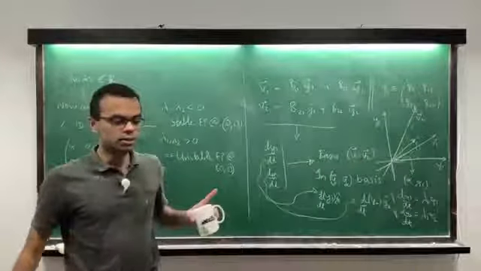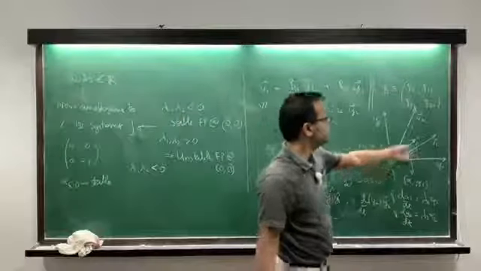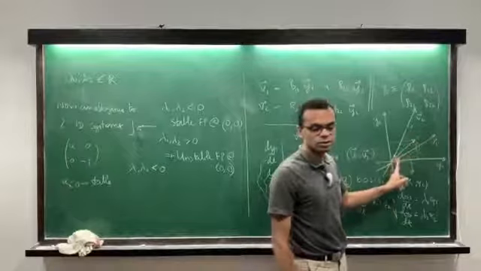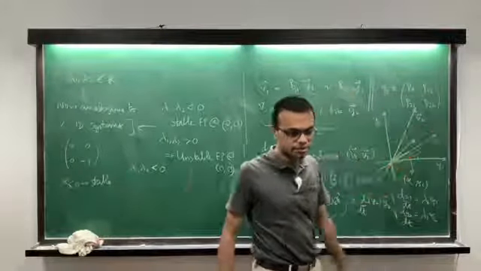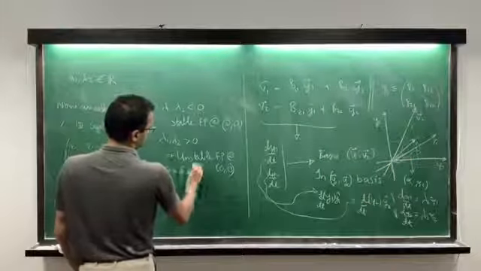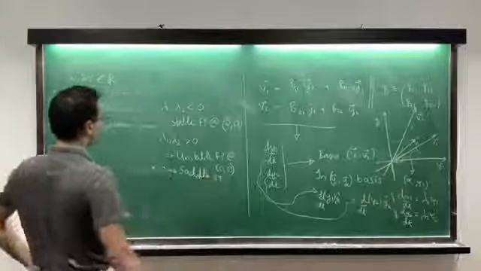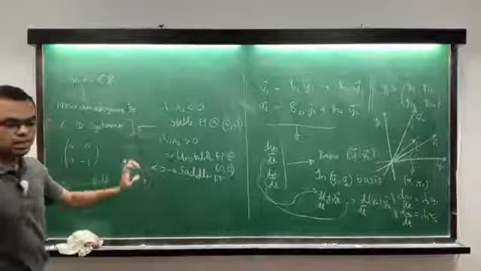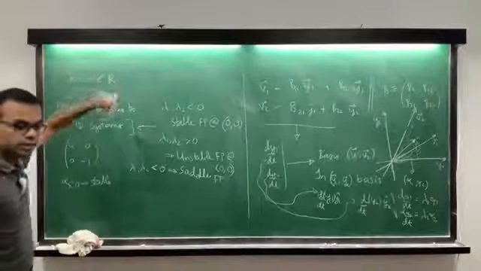If the product between the two is less than 0, that means in one direction, let's say if lambda 1 is less than 0, in one direction the component will decay towards the origin, in the other direction it will grow. So it's a saddle. So we have stable fixed points, unstable fixed points and saddles all appearing when both lambda 1 and lambda 2 are real, when the eigenvalues of the A matrix are real.